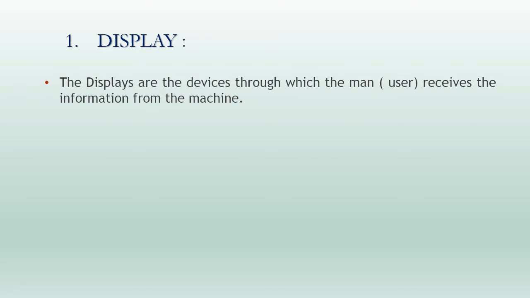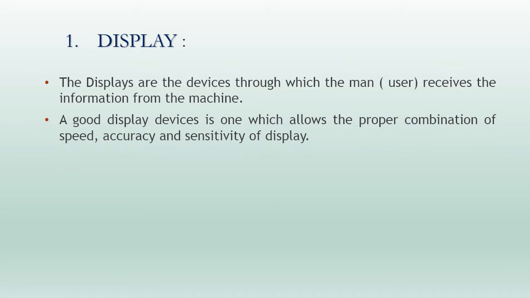Display. Displays are the devices through which the man or user receives the information from the machine. This is the definition of display. A good display is one which allows the proper combination of speed, accuracy and sensitivity.